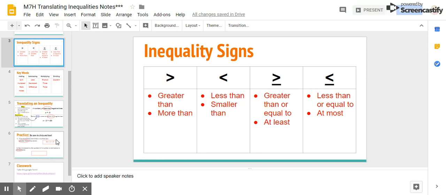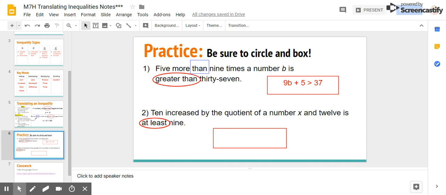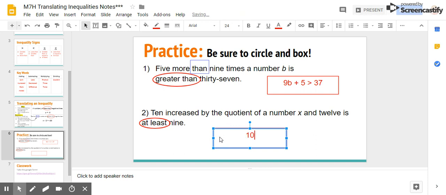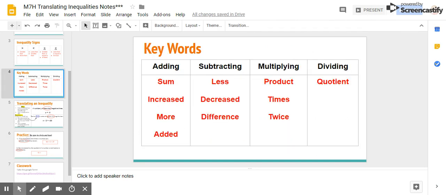So it means this symbol. Okay. So let's see if we find the word than. 10 increased by the quotient of a number x and 12 is at least 9. I don't see the word there, which means I can just translate going left to right. So 10 increased means addition. If I forgot what increase means, I could come back up here, look at my slide 4, my keywords.